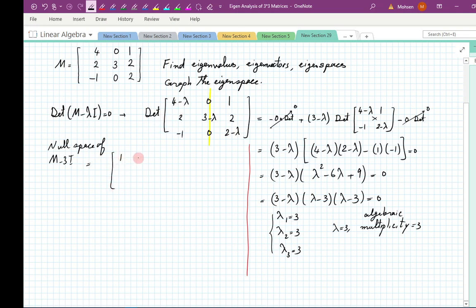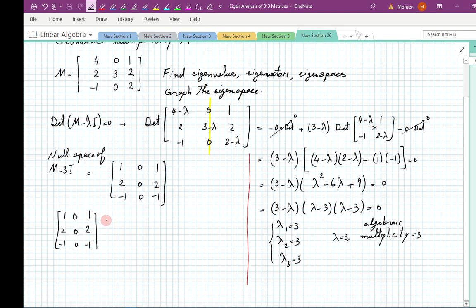It's 1 0 1, 2 0 2, minus 1 0, and when you put the 3 here you get minus 1. So what does it mean, null space? Null space means we are trying to solve the following equation: what is it that I multiply by this that I get 0? What are the solutions of this equation?